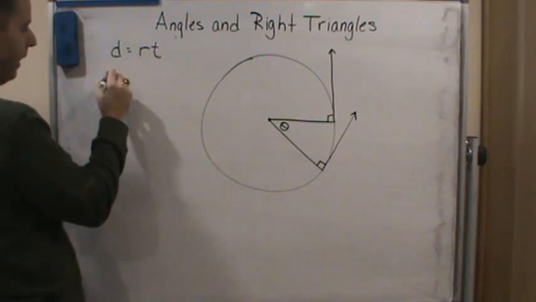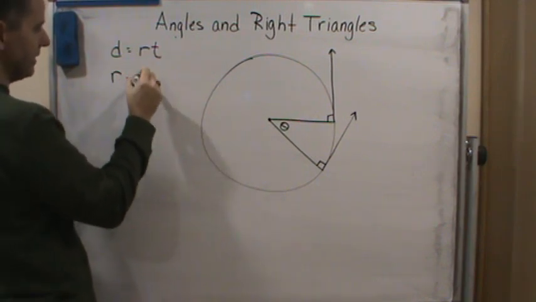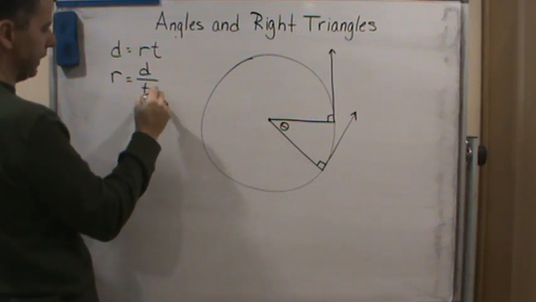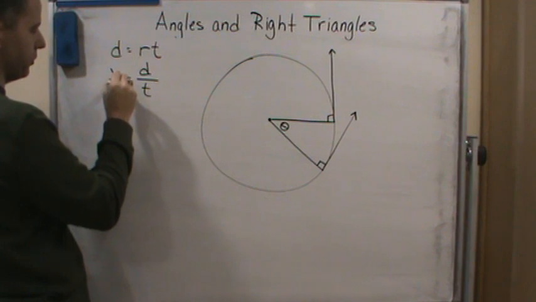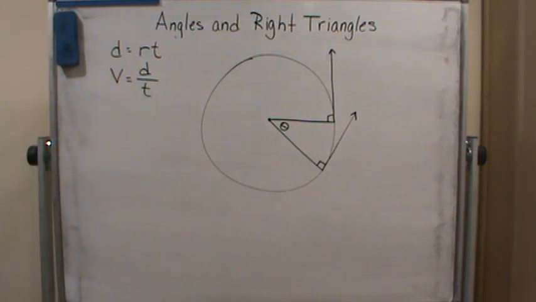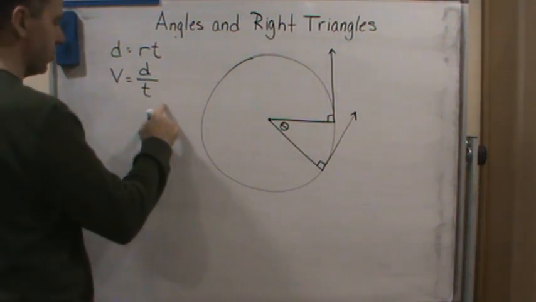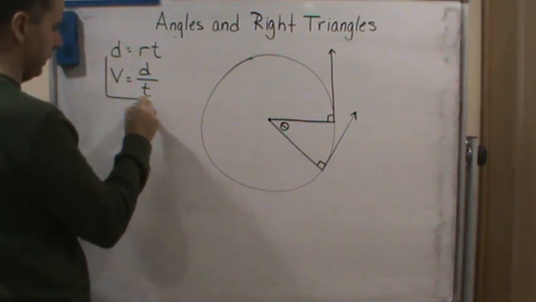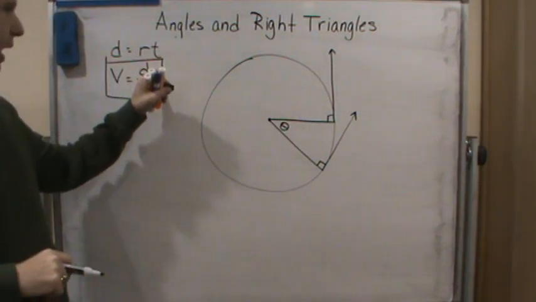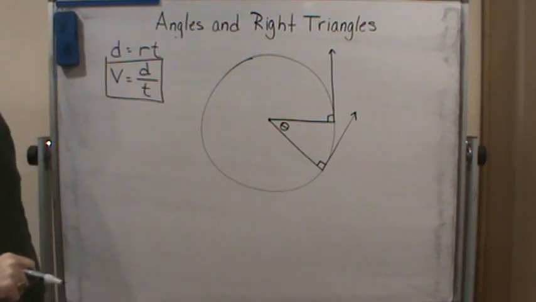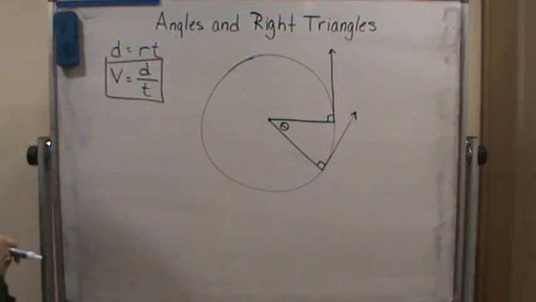So what does that mean? R, the rate, is equal to distance over time. Well, guess what? That's also the same formula that we use for linear velocity. So linear speed is given by this formula: the distance traveled divided by the amount of time that has lapsed.